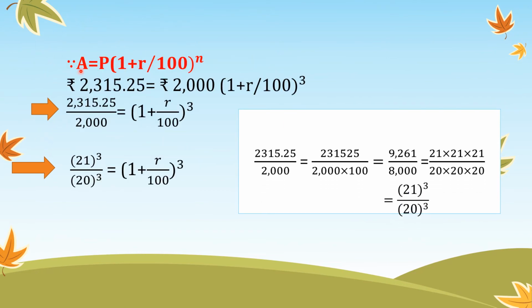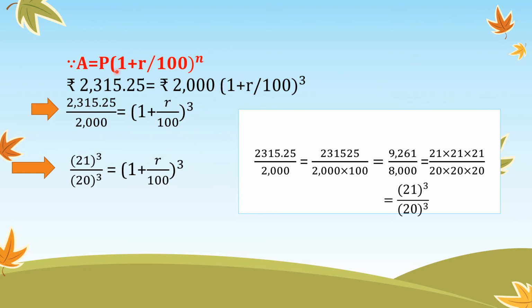The formula is A is equal to P into (1 plus R by 100) all raised to N. Then A is 2315.25, P is 2000, into (1 plus R by 100) all raised to 3. We have to calculate R, the rate of interest.